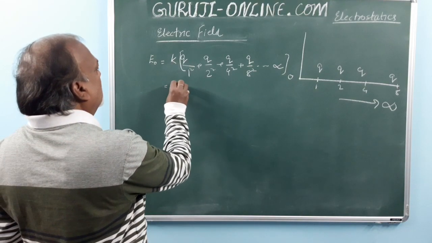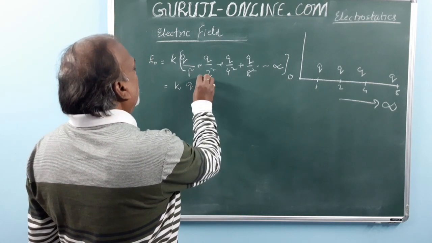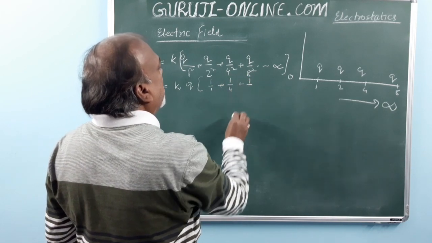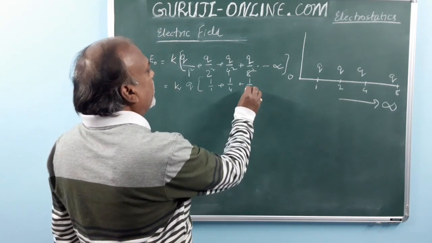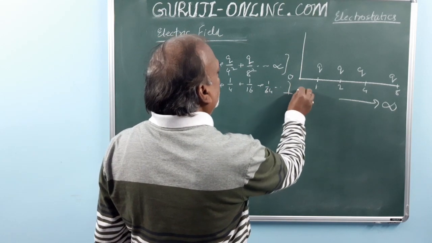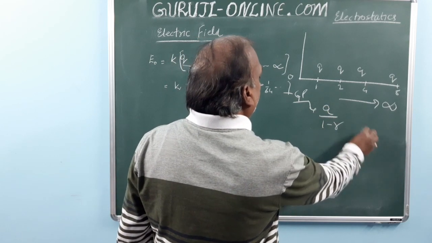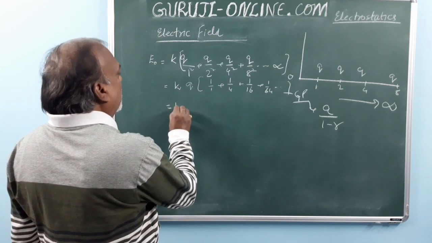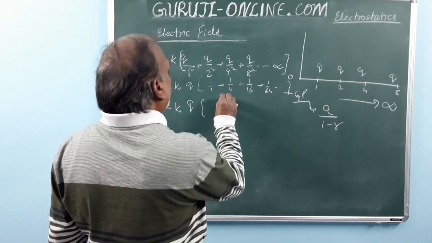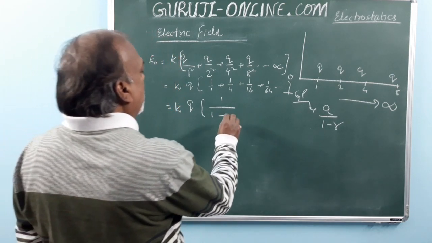But the solution is simple. That is KQ times (1 by 1 plus 1 by 4 plus 1 by 16 plus 1 by 64). This is again a GP, and its sum is nothing but A upon 1 minus R. Here A is 1 and R is 1 by 4.